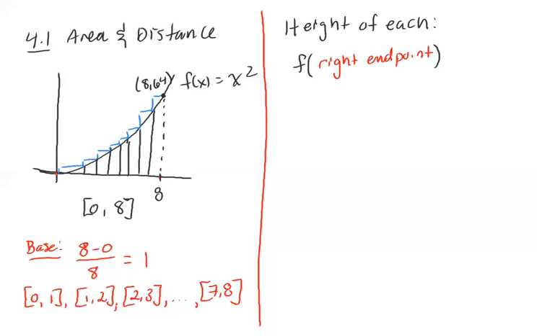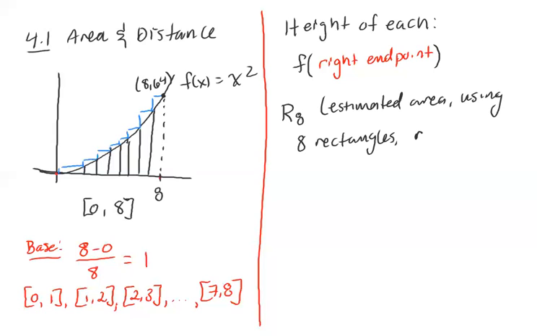Okay, so I'm going to call this area R8 that I'm finding. This is the estimated area using 8 rectangles and the right endpoints of each of those intervals that I'm using to divide up the interval from 0 to 8.